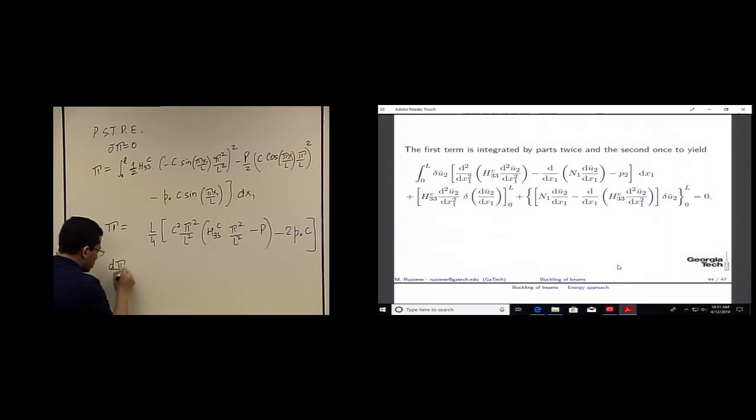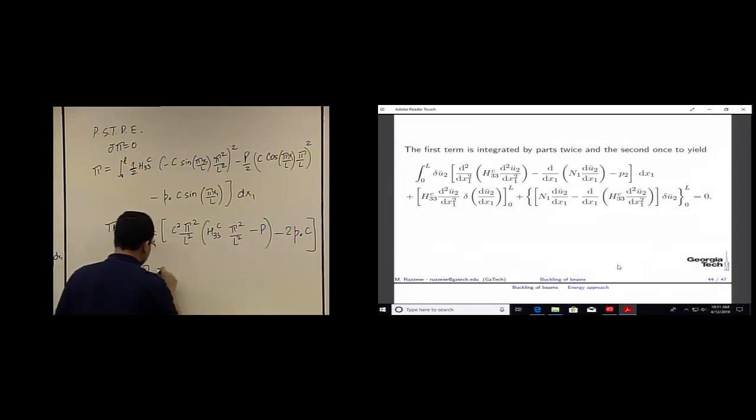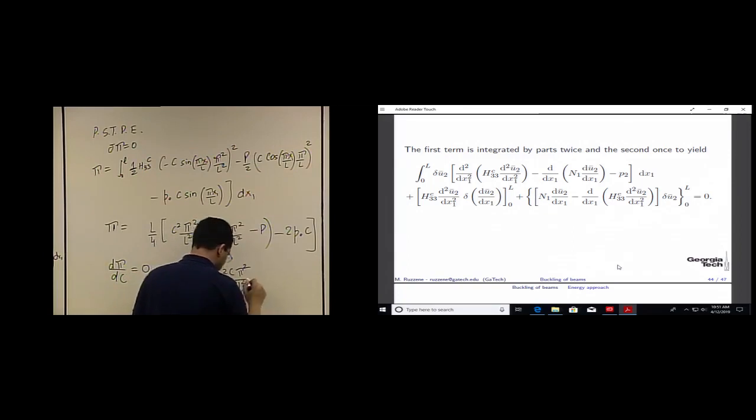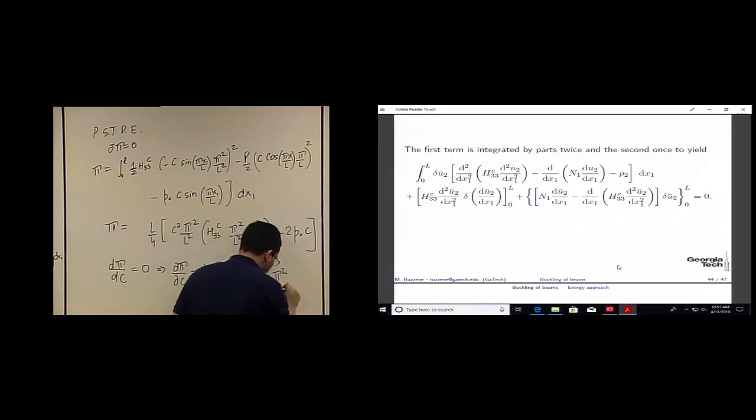I can differentiate the total potential with C and equate it to 0, right, because it should go to 0 for equilibrium, and then we get that this differentiation is L over 4 times 2C pi squared over L squared times H33 C pi squared over L squared minus P, minus 2 P0.